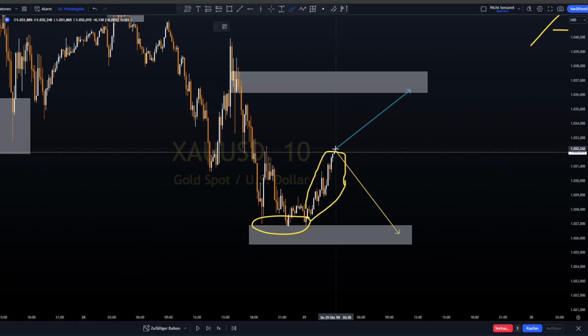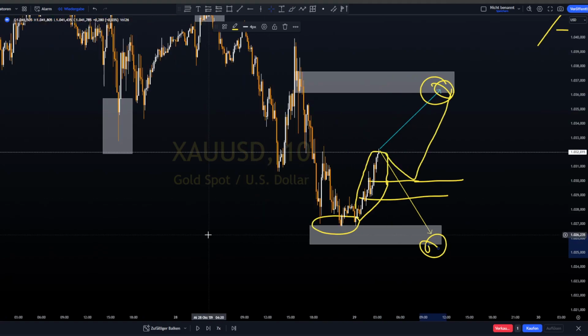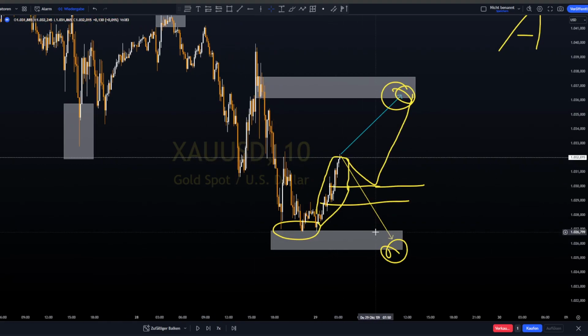We can still drop until this area here, but we will still reverse and touch this zone first before that one. Okay, let's see. And even if it drops, it's fine. Doesn't mean that this is nonsense. It just means the price is flowing differently.